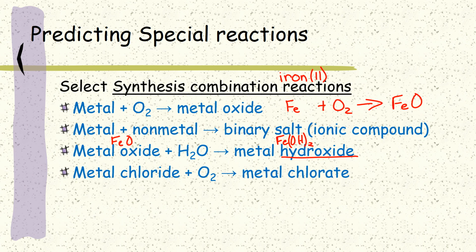All right. The next one becomes when you have a metal chloride. So we have something like KCl. We have a salt. And when that salt reacts with oxygen, it becomes metal chlorate. So this is going to become KClO4, because remember, if we look up chlorate ion, let me make sure.